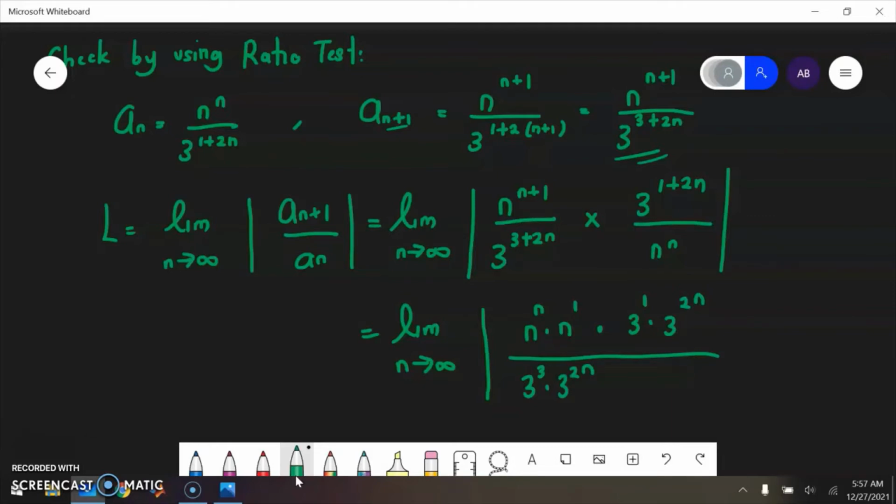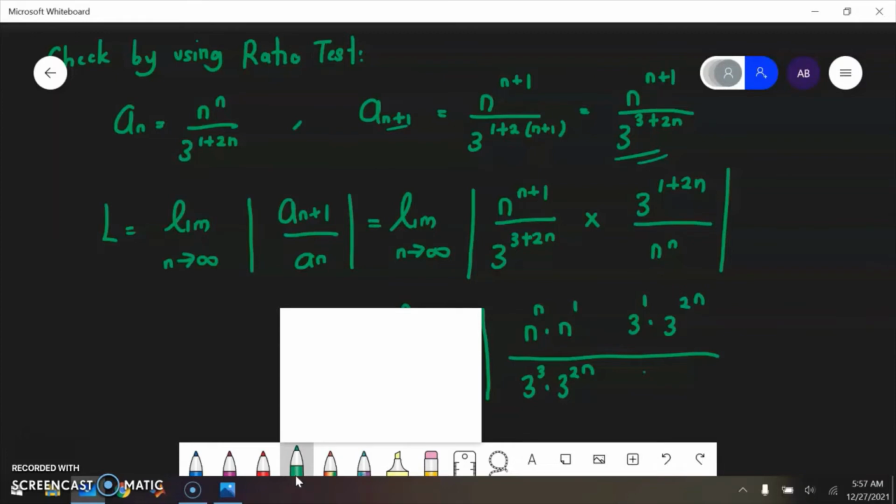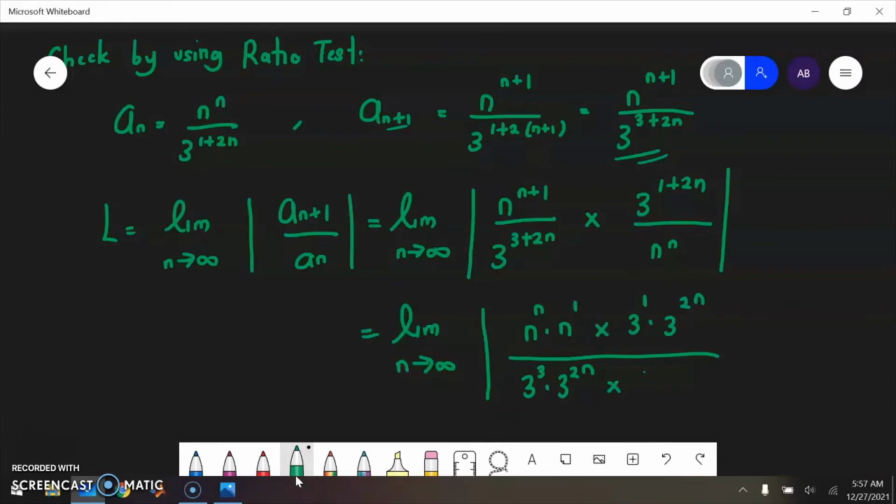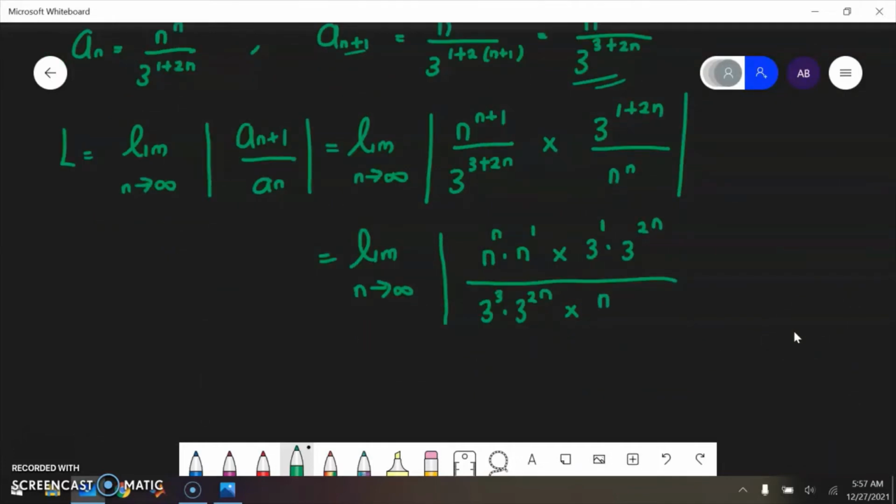Okay, maybe it's better instead of using too many multiplications, let's put it like this, similar to what we have written earlier on, times n to the power of n. Now if you really don't know how the term cancels out, you can write it like this. Now it's easier for you to see. This term cancels out, this term cancels out.